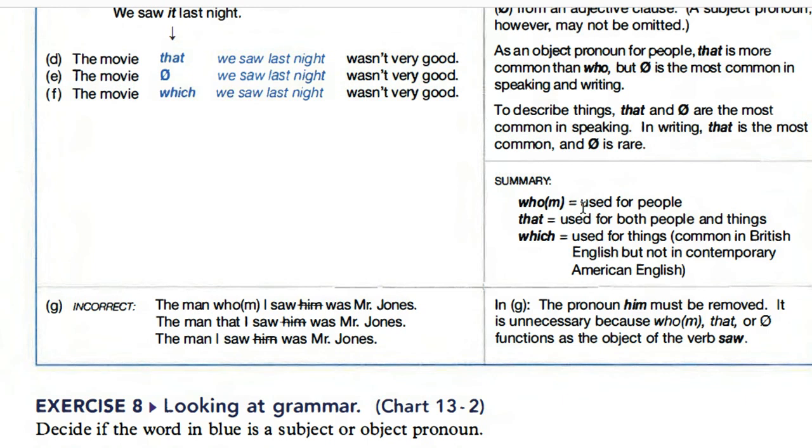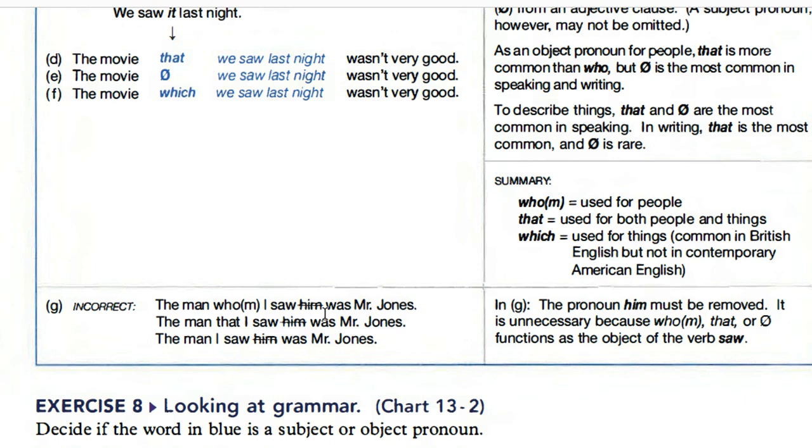Summary: we say whom is used for people, that for things, and again, which is common in British English, not in American. So incorrect: the man whom I saw him. You don't repeat the pronoun again in sentences that include relative clauses.